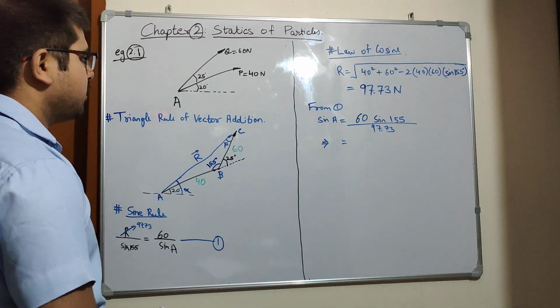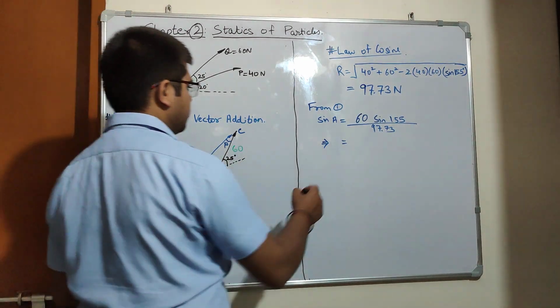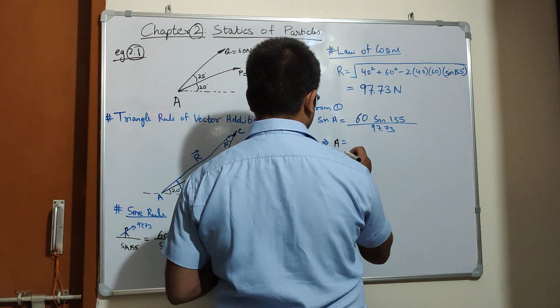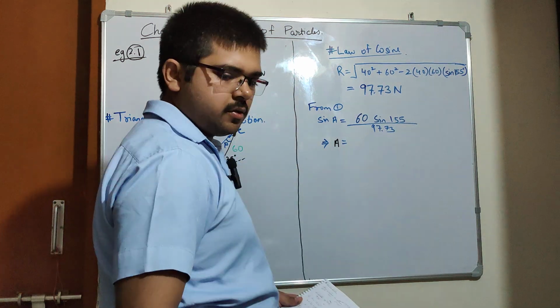Sine A equals that, and A would turn out to be 15.04 degrees.